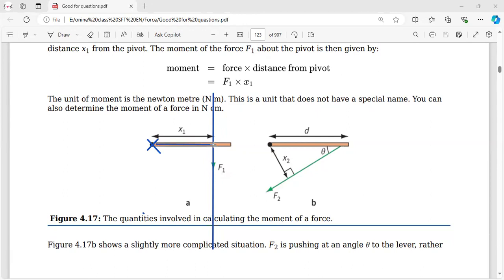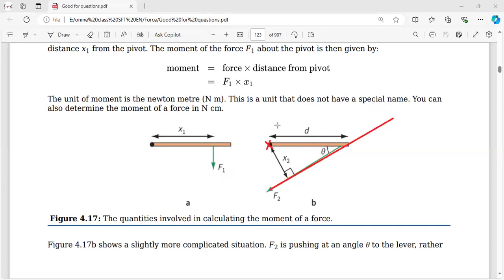However, in certain cases, some people misunderstand this one. For example, look at the next figure, right? You can see this is the pivot point. However, the force is applied in this direction. The line of action is in this direction.